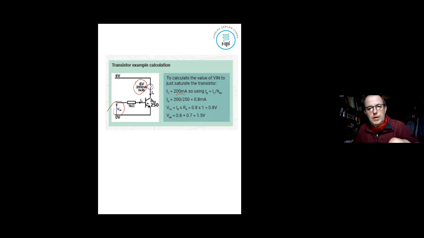The base current will be worked out by using the equation IB is IC over HFE. Once you've got your base current, you can work out what voltage will be dropped across the base resistor. That base resistor is there for a reason, to control the base current.